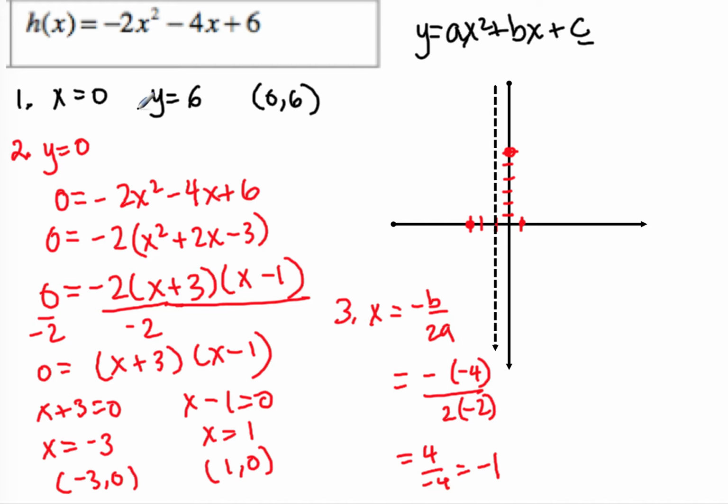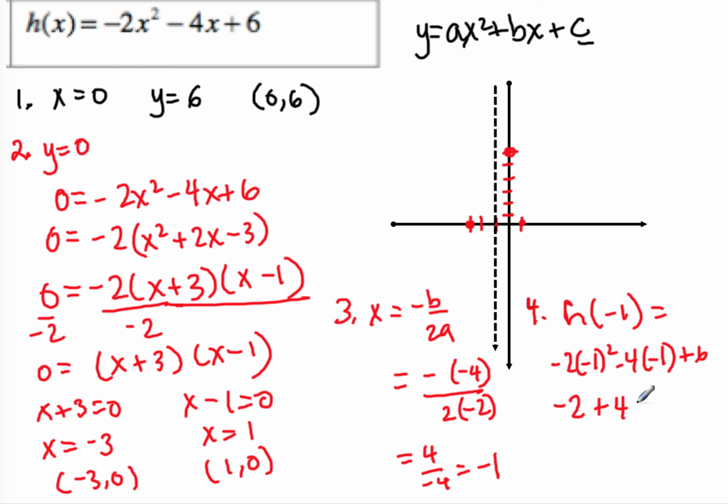We will put negative 1 into this whole expression. So we need to find h of negative 1. So that's negative 2 times negative 1 squared minus 4 times negative 1 plus 6. So this becomes negative 2 plus 4 plus 6, which is 2 plus 6, 8. So we have negative 1, 8. There is our vertex.